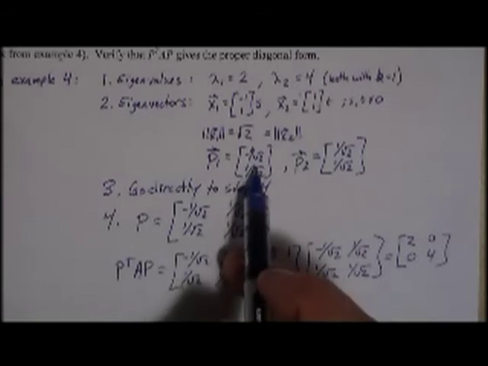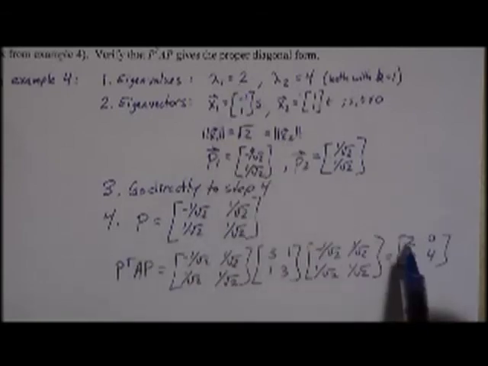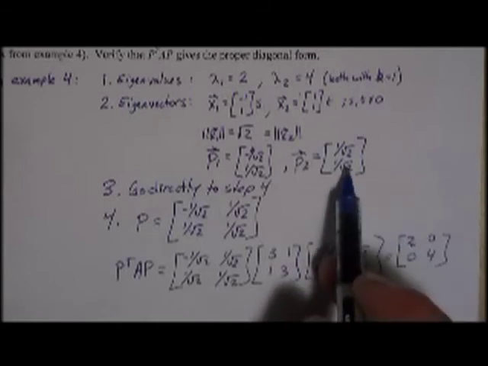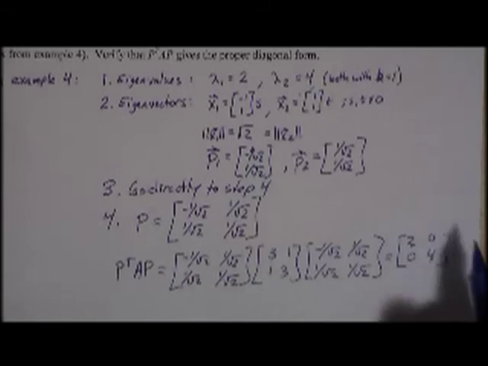And since this was the first column and it corresponds to that eigenvalue, that should be the first eigenvalue we see. This is the second column, it corresponds to that eigenvalue, so that eigenvalue should appear here. So we call that the D matrix since it's diagonal.